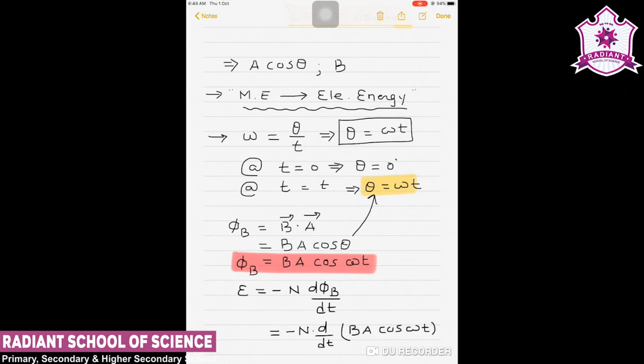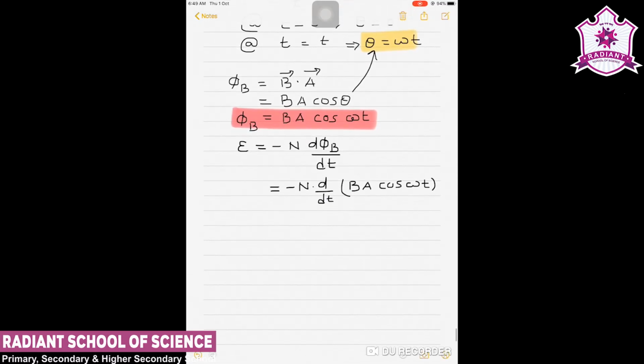Here the differentiation is also taken with respect to t. So here we can put all other terms out from the bracket. So that is minus nBA will be taken out, and we will take the differentiation of cos omega t with respect to t.